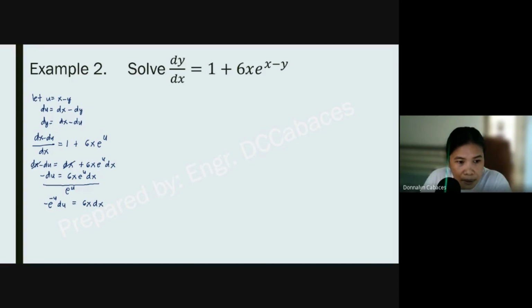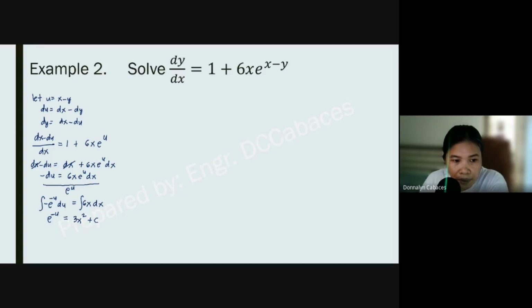Okay? So integrating both sides, what is the negative integral of e to the negative u? That is e to the negative u is equal to 6x squared over 2, so that is 3x squared plus c. Okay?